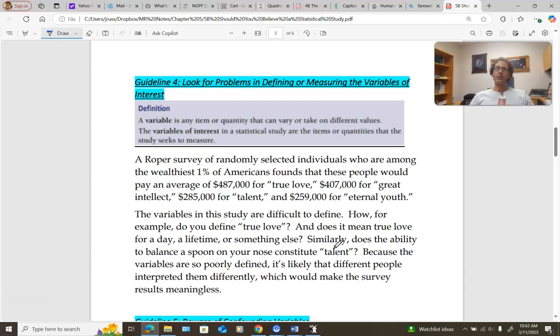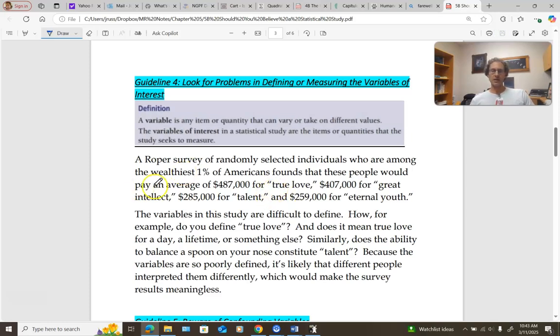The word talent, or what it means to be talented to somebody, may mean something completely different to someone else. Okay? And it says because the variables are so poorly defined, it's likely that different people interpreted them differently, which would make the survey results meaningless. Yeah.